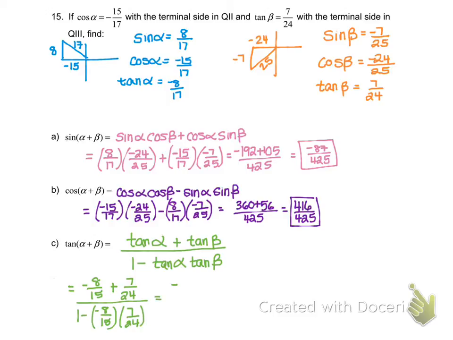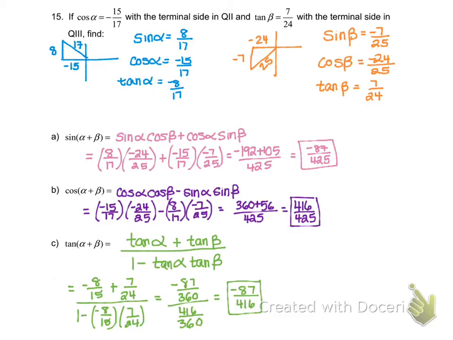And when I simplify the numerator, I get negative 87 over 360 divided by 416 over 360. So our denominators are going to simplify, and we have negative 87 over 416.